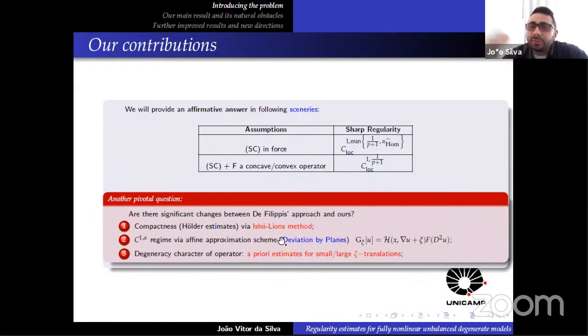And concerning the degeneracy character of the operator, De Filippis splits the analysis in two cases, where the switch parameter is small or large. In our case, we split the analysis in two cases, when the gradients of solutions are small or large.